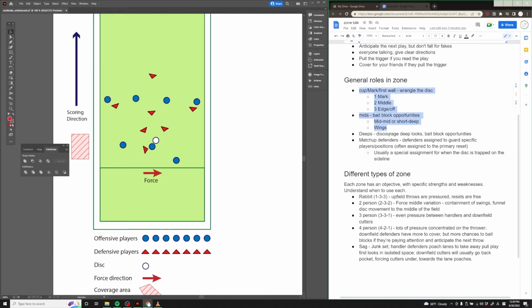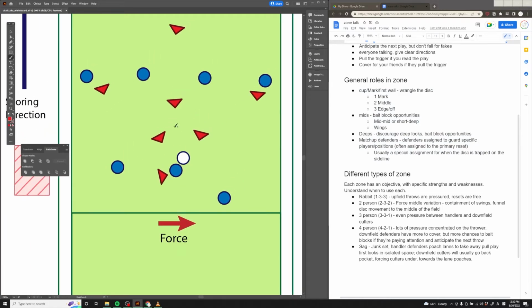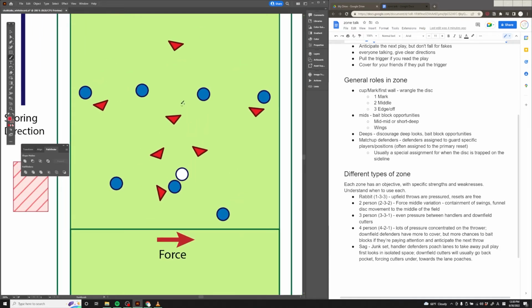We've gone through the positions already. So we've got our cup here. We've got our middle, or short deep here, right behind the cup, the 2 and 3 in the cup. And then we have our wings, who are also middle defenders, and our deep.